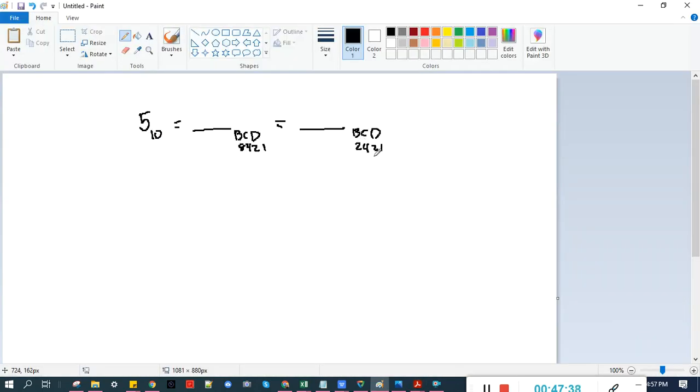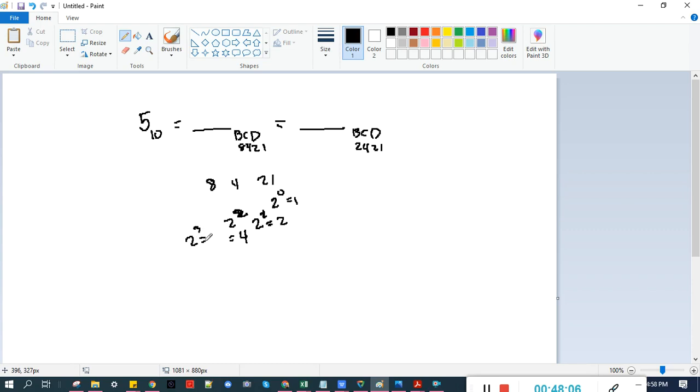This 8421 and 2421 represent the weights. 2 to the 0 is 1. 2 to the 1 is 2. 2 to the 2 is 4.